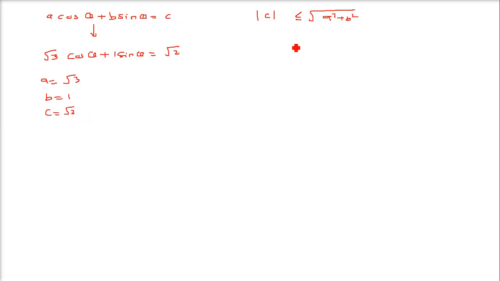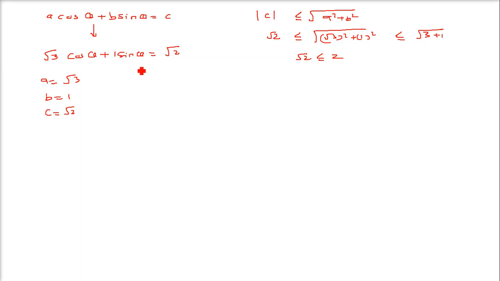So let us check this condition. C, which is root 2, whether it is less than or equal to under root 3 whole square plus 1 whole square, that is 3 plus 1, or 4, under root 4, that is 2. So root 2 is of course less than or equal to 2 because root 2 is 1.414. So this holds. This equation we can solve using this method.